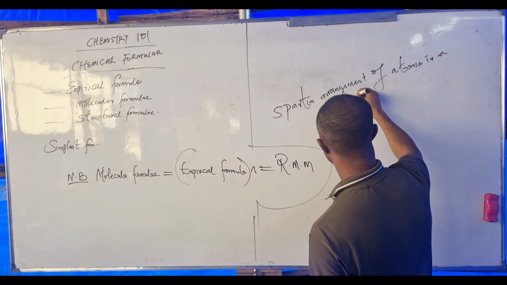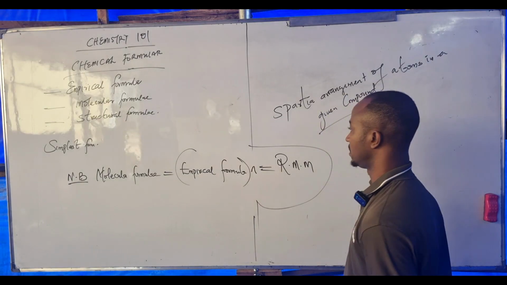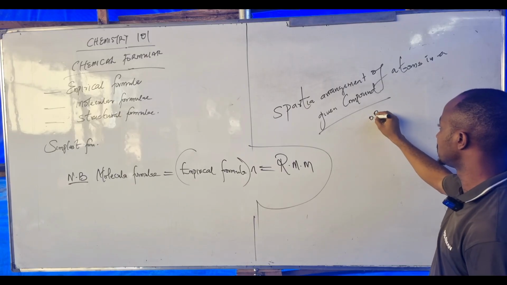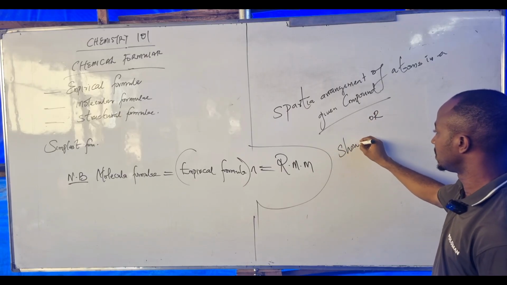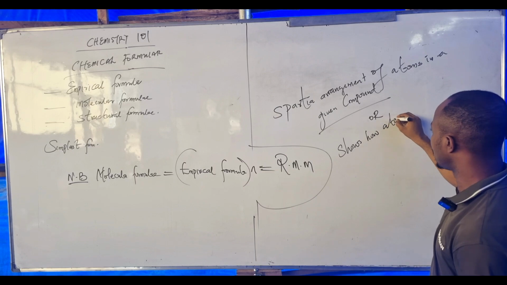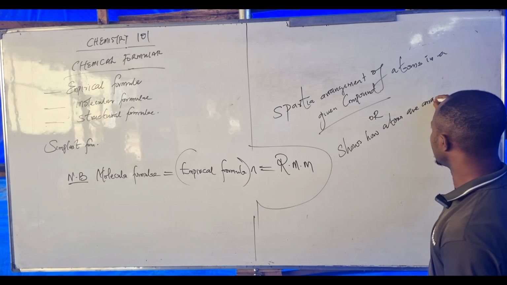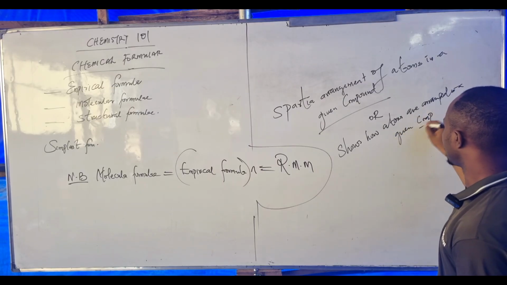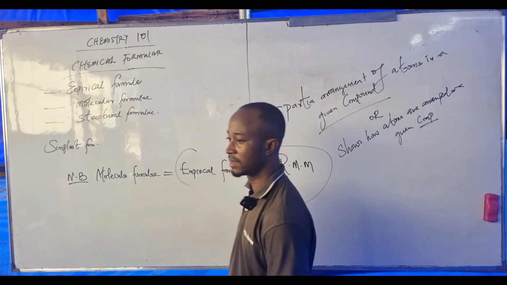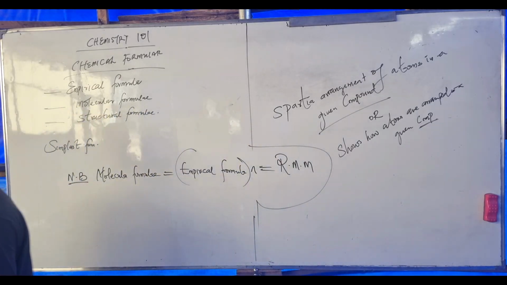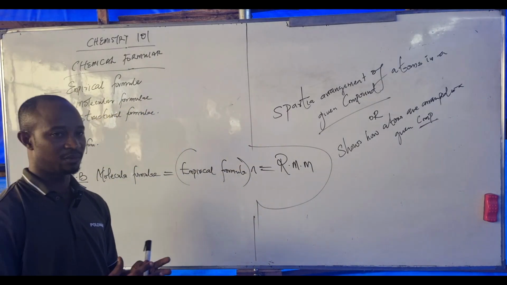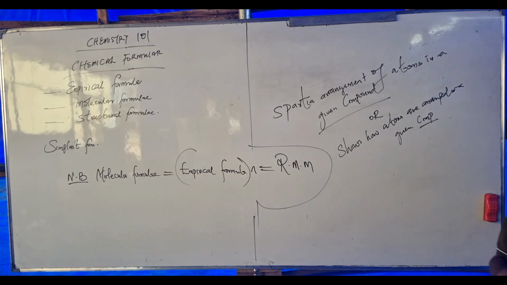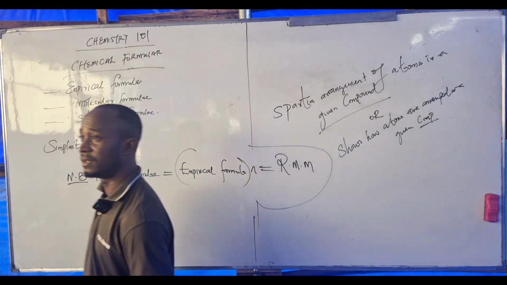Or it shows how atoms are arranged in a given compound. I repeat again: structural formula shows the spatial arrangement of atoms in a given compound, or how atoms are arranged in a given compound. Now let's differentiate them.